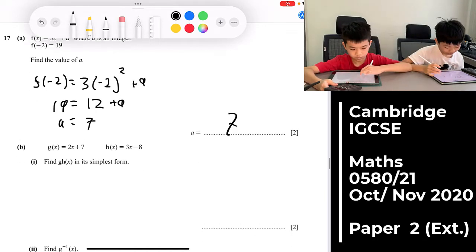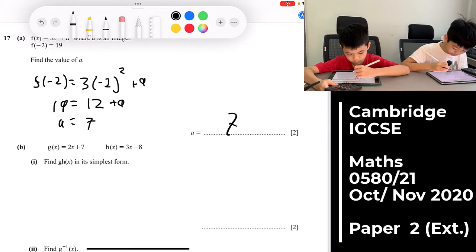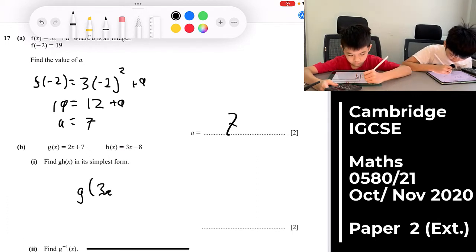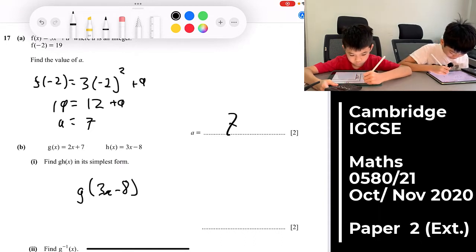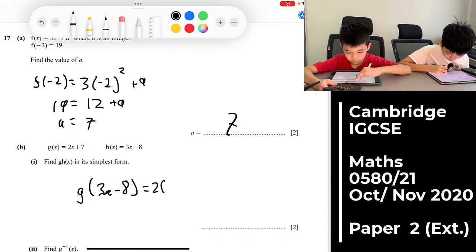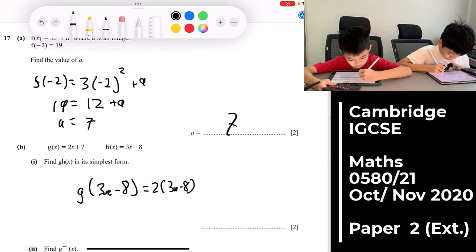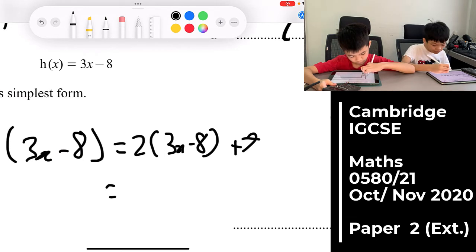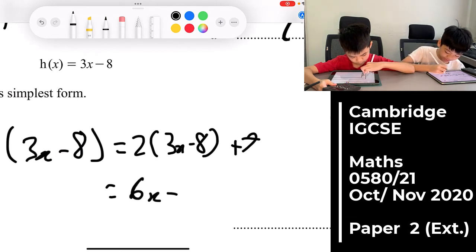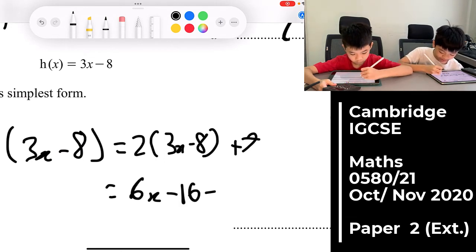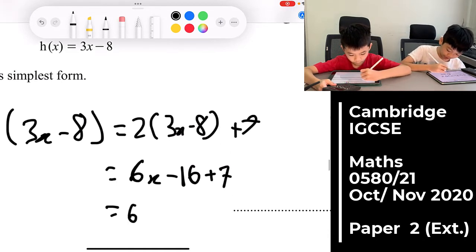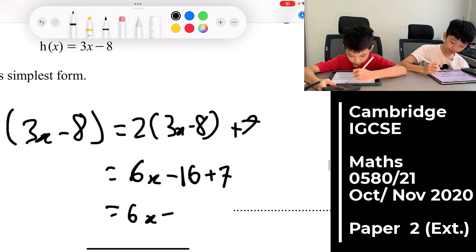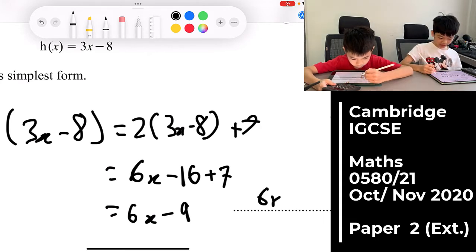Okay, b. Find gh(x) in its simplest form. g(3x minus a) equals 2 times (3x minus a) plus 7, which equals 6x minus 14 plus 7, which equals 6x minus 7.